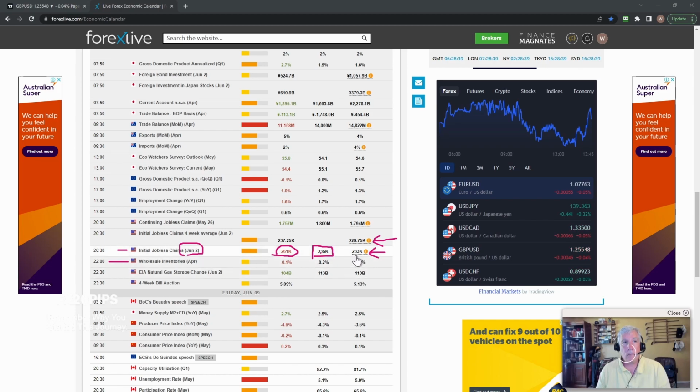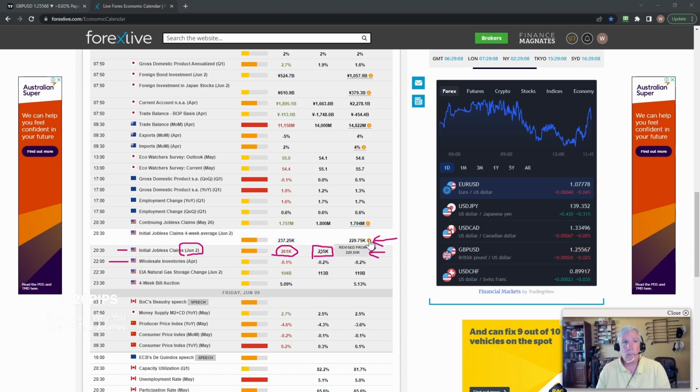We have 233k, and it was revised from 232k. That means the previous data of 232k was not accurate, and they revised it to 233k. This means 1,000 more people claimed jobless than when the last result was posted.